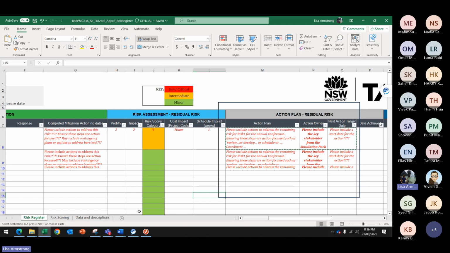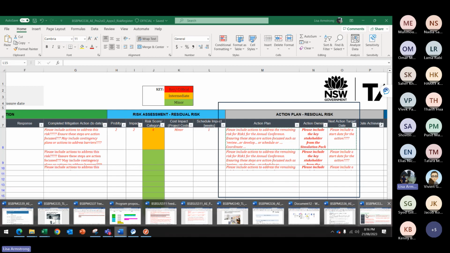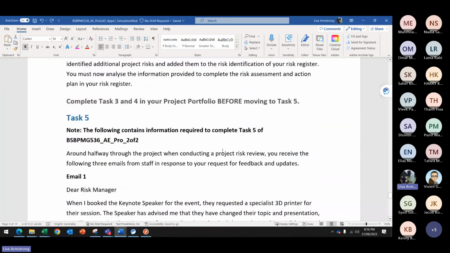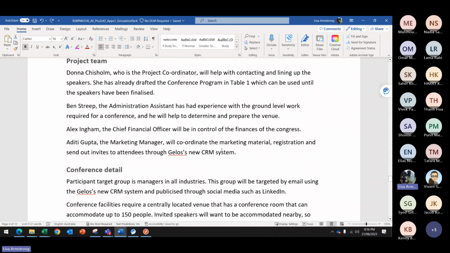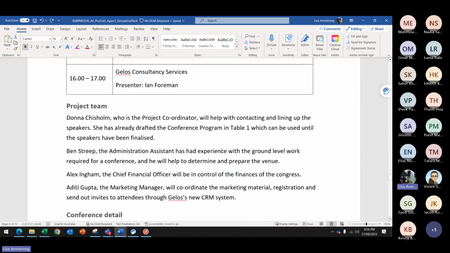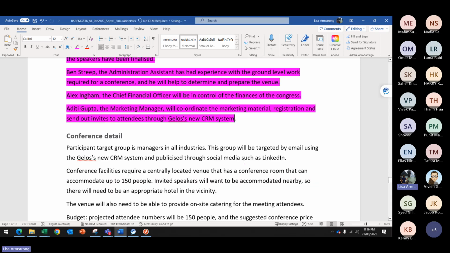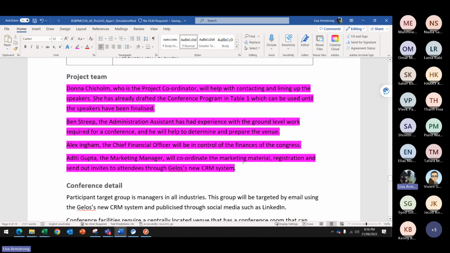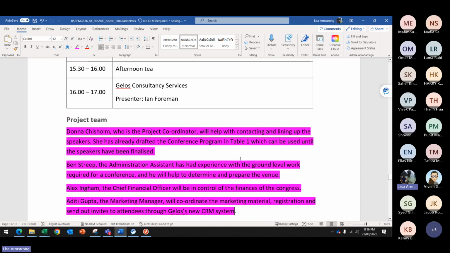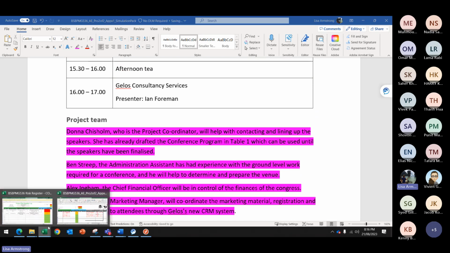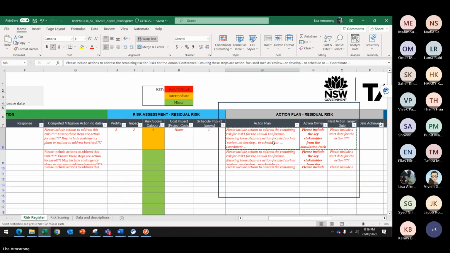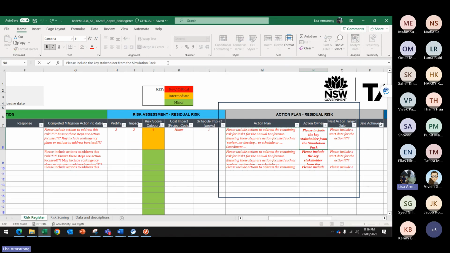Who might own them? Just as a hint, if you go back into the simulation pack, the owners, we've got all of our project team noted on page 8 of our simulation pack. So you can refer to any of those individuals. I should put page 8 in there.